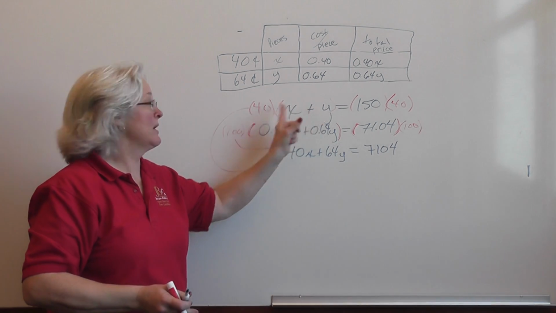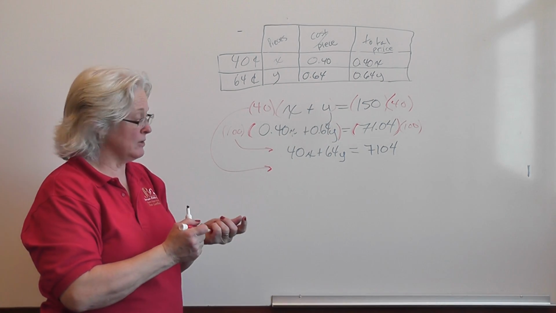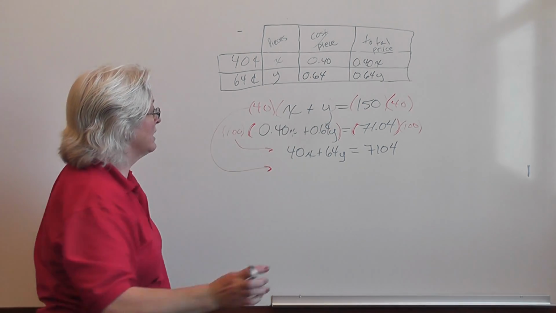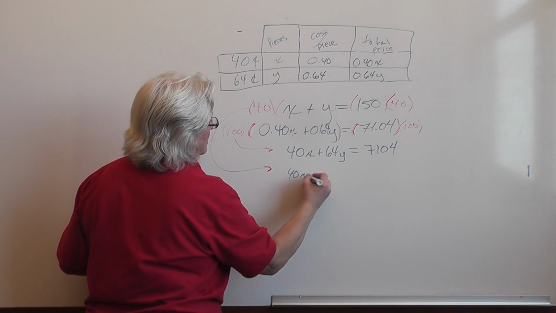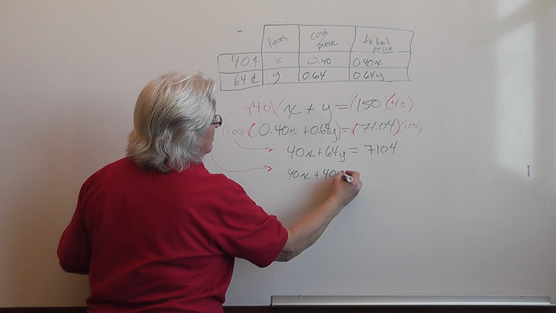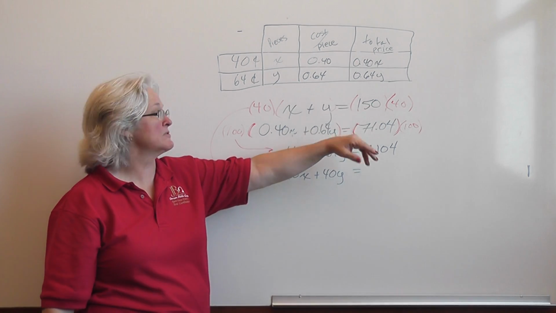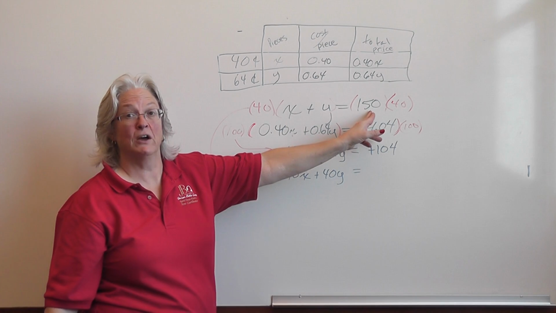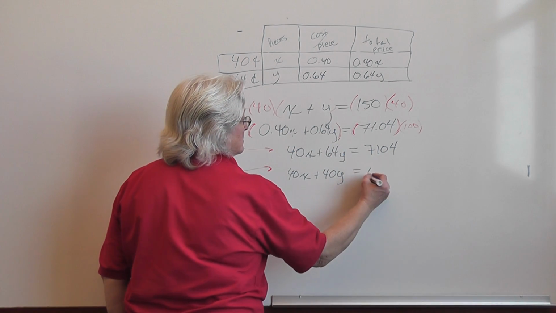And when I distribute the 40, I'm going to put the equation right underneath here. So I have 40x plus 40y is equal to 150 times 40. 4 times 150 is 600, times 10 is 6,000.